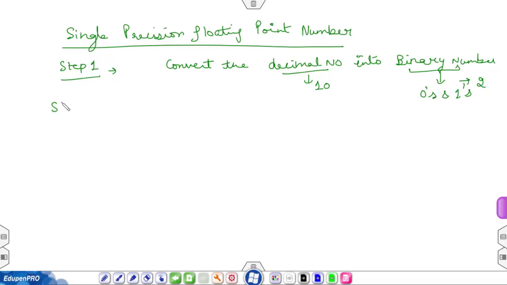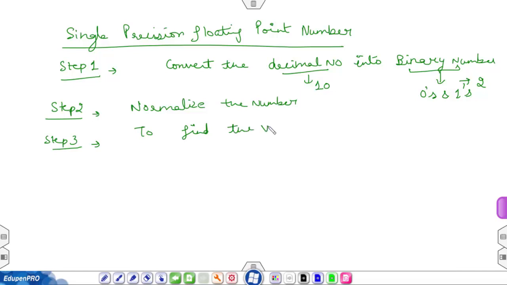Now what is step 2? Step 2 is to normalize the number. And what is step 3? Step 3 is to find the value of e, the value of the exponent.